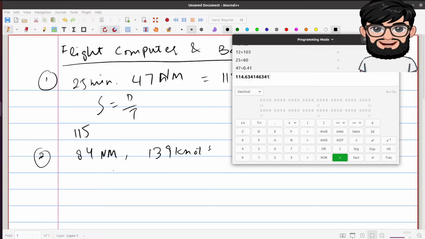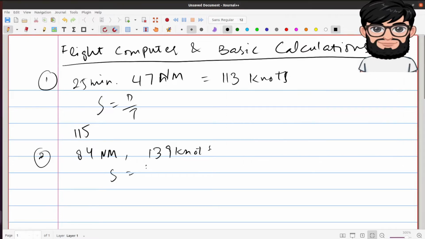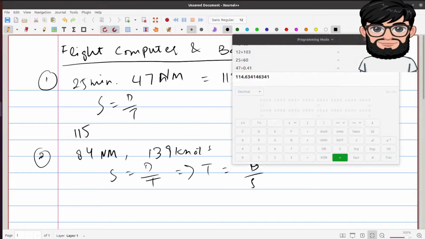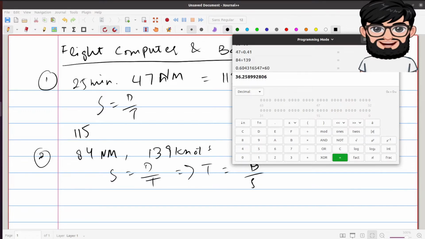Now we have the speed and the distance, and we want to calculate the time. So the time is going to be equal to distance over speed. That would be 84 divided by 139, and you multiply it by 60. So that would be 36 minutes.